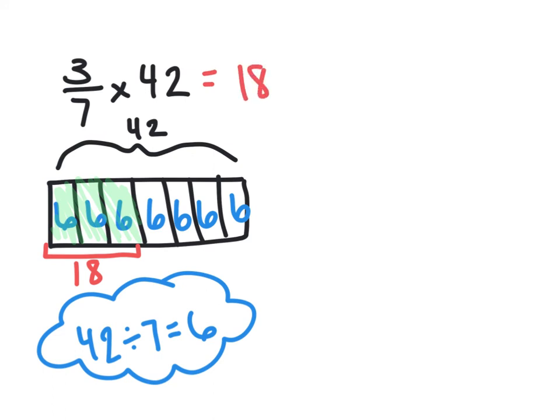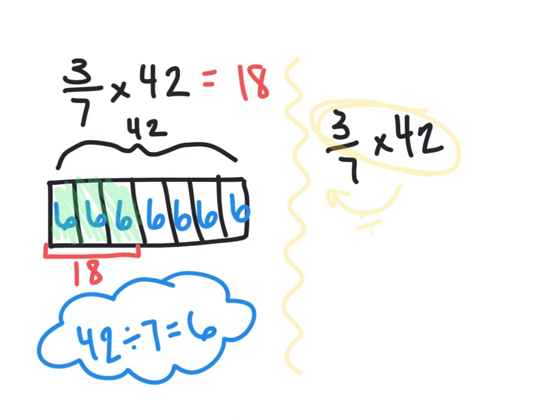Okay, well, let's say you wanted to use the algebra strategy that we talked about on the last slide. So we have, again, 3/7 of 42. So if you remember before, what we're going to do is multiply 3 times 42 and then divide it by the 7. So 3 times 42, we'll get that answer, and then once we get that answer, we'll divide it by 7. 3 times 42 would get you 126.